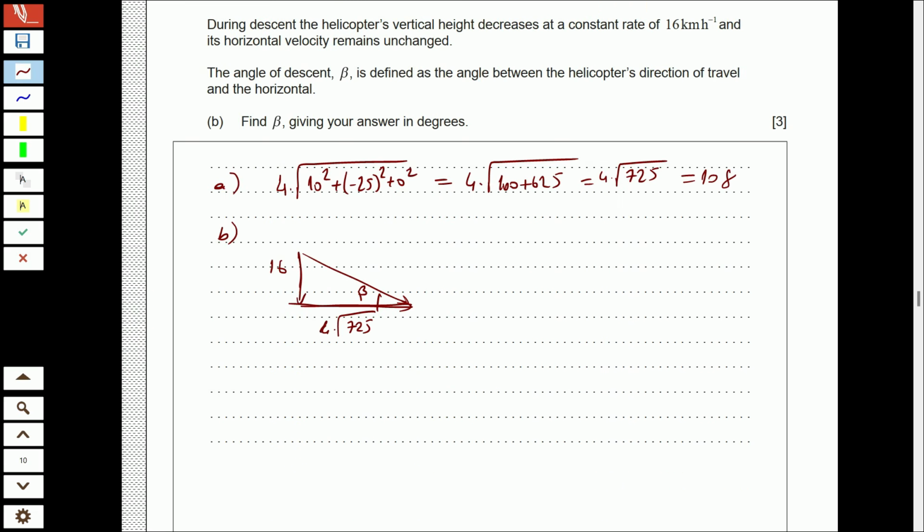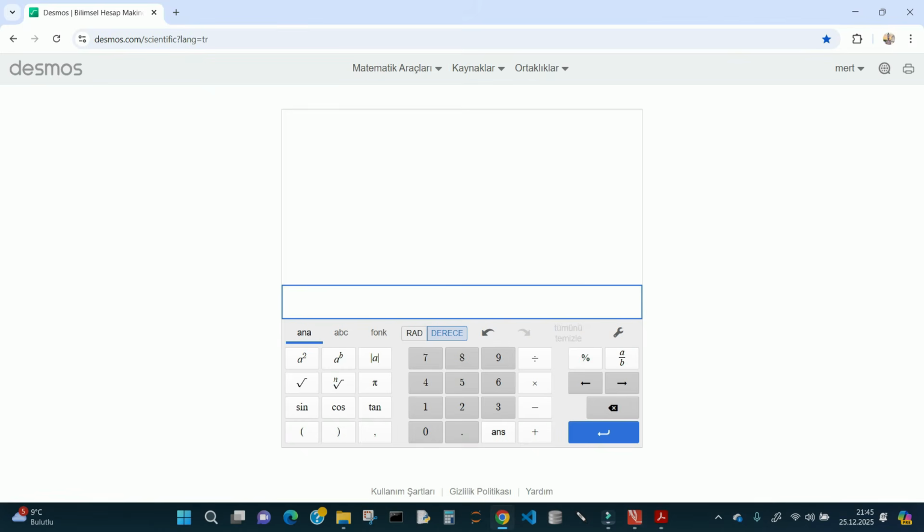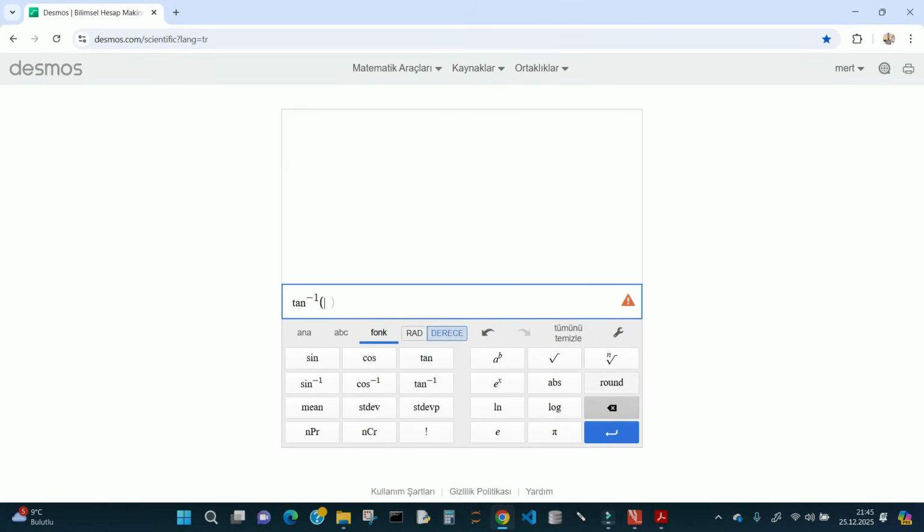So I can find tangent beta by using 16 divided by 4 times the square root of 725. From here, beta equals the inverse tangent of 16 over 4 times the square root of 725. Let's find this. It is 8.45.